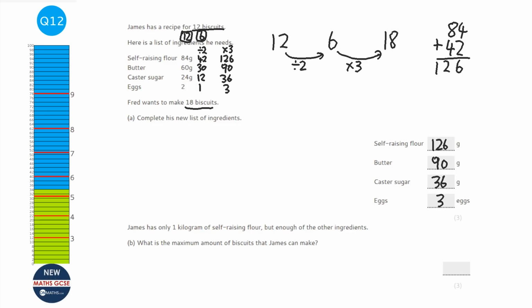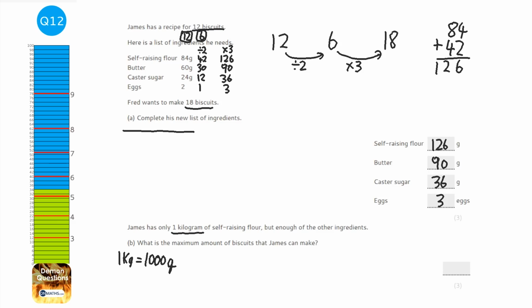Okay, second part of the question says that we've got enough of every other ingredient, but only 1 kilogram of flour. Now, first thing to note here is that 1 kilogram is 1,000 grams. So that's really important to know for this. And we need 84 grams of flour. I'm going to do my working up here, but normally in your exam, make sure you do it underneath the question.